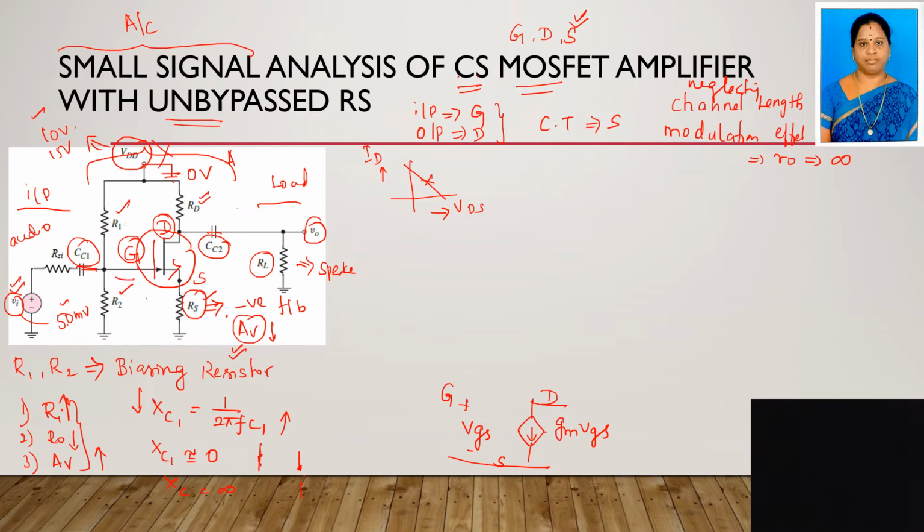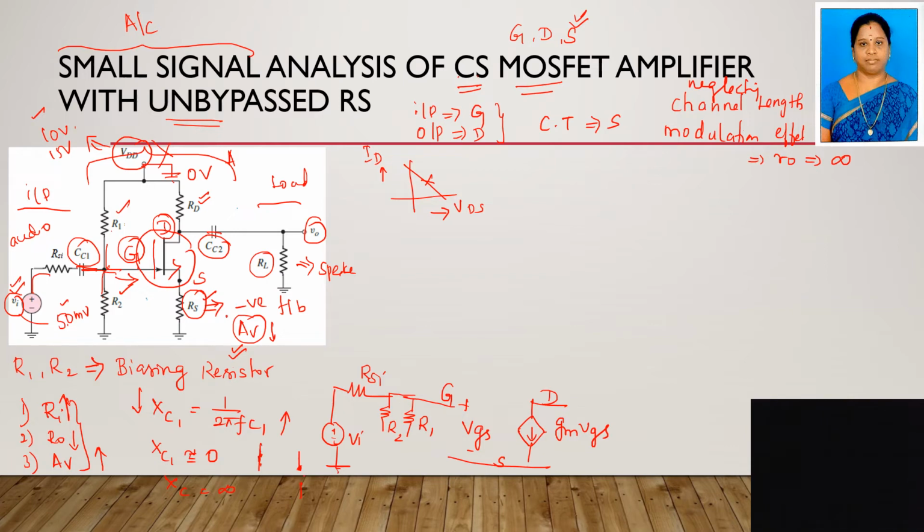Next, from the input side, three resistances, R1, R2, and RSI, are connected to the gate terminal. From the gate terminal, one resistance is R1, here it is R2, then here we have RSI, and then the voltage source connected to ground.